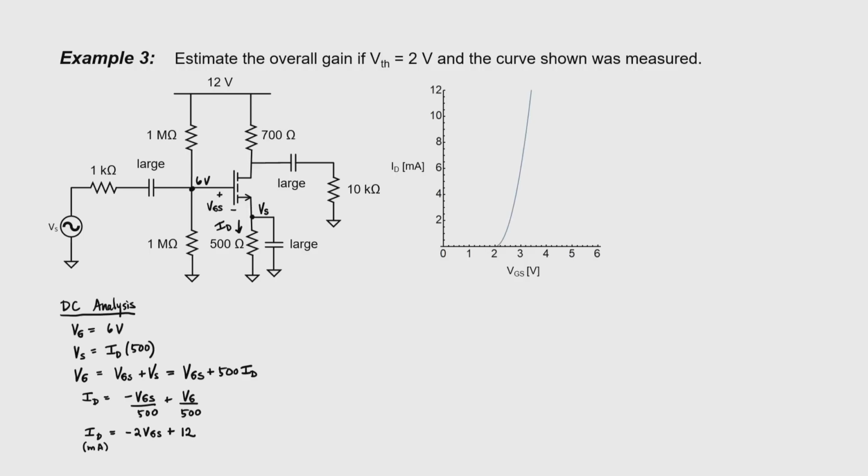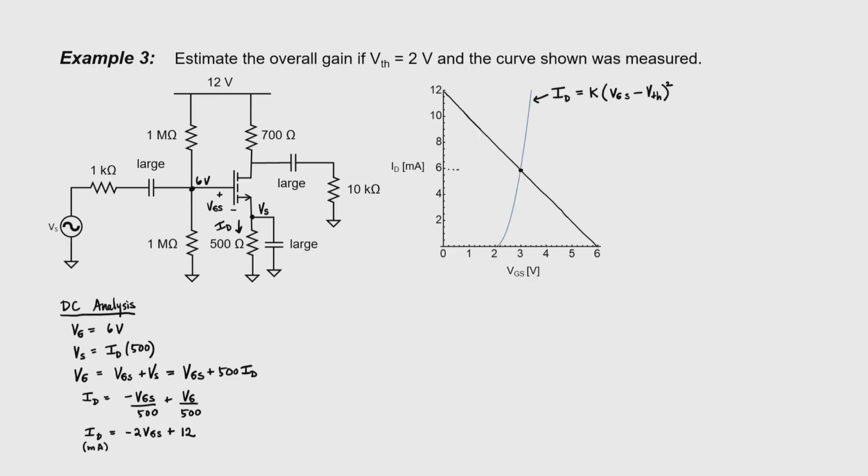But this line relates the drain current to the gate source voltage, so I can superimpose it upon the transistor's operating curve that we already have plotted. We can see where the curves intersect, and that's going to be the operating point of our transistor. We might recall that the equation that describes this operating curve for a MOSFET in saturation is given by the following.